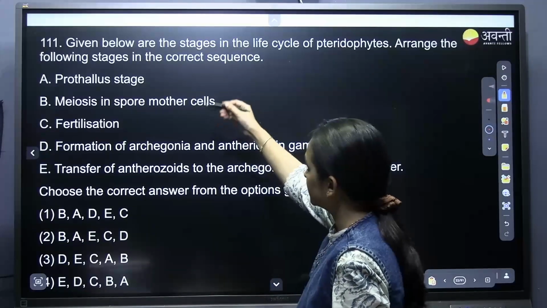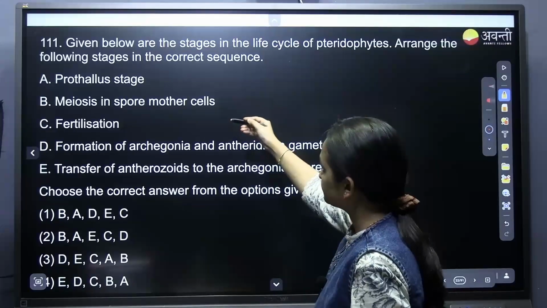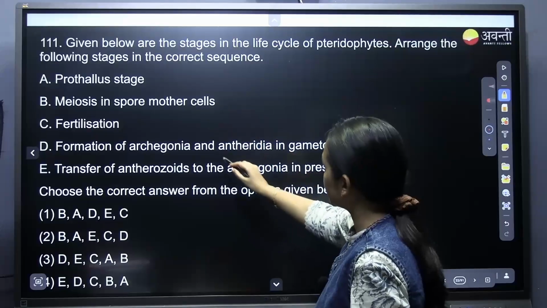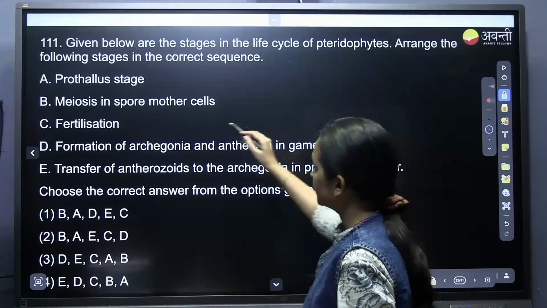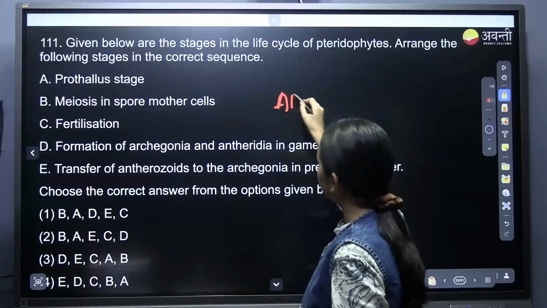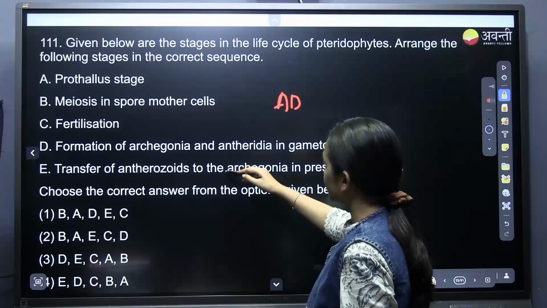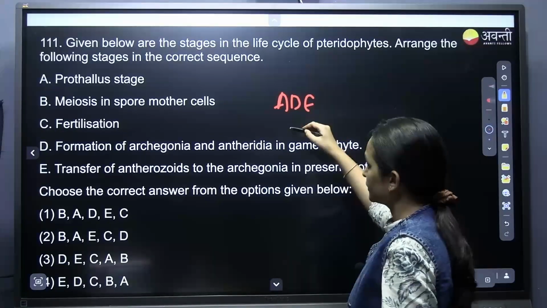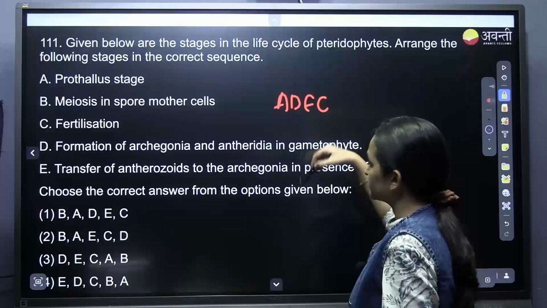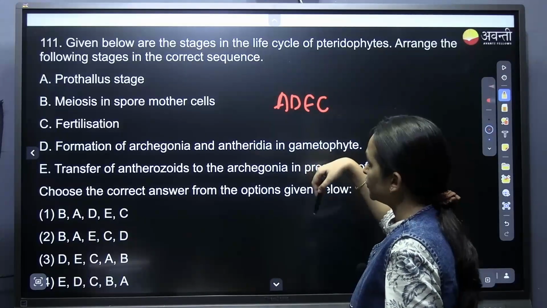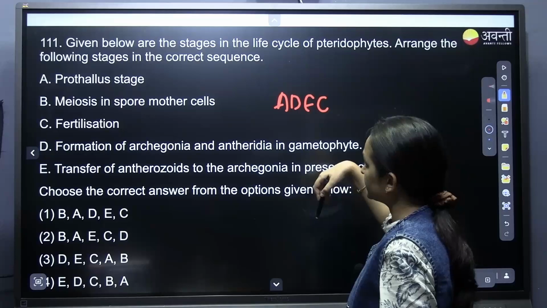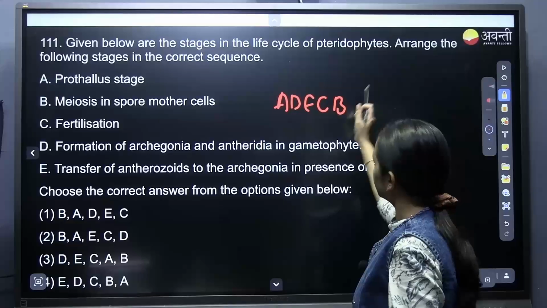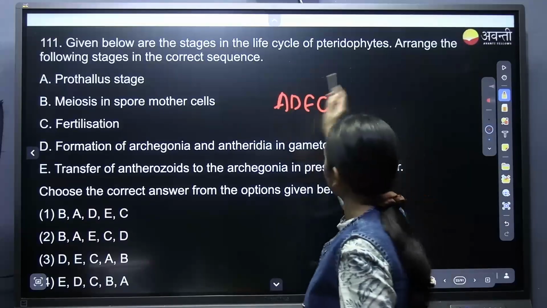Starting from the prothallus, after the prothallus comes the formation of archegonia and antheridia in the gametophyte, then transfer of antherozoids to archegonia in the presence of water, then fertilization, and then meiosis in the spore mother cell.